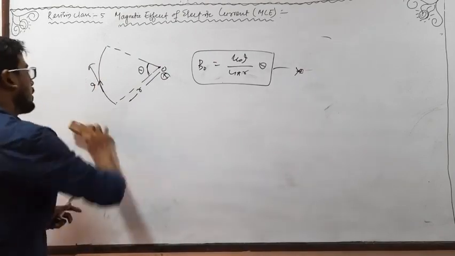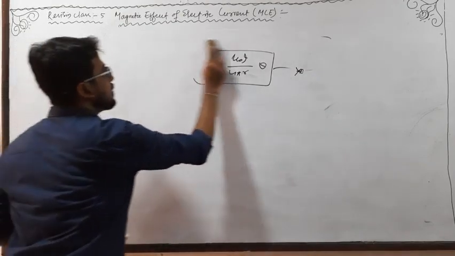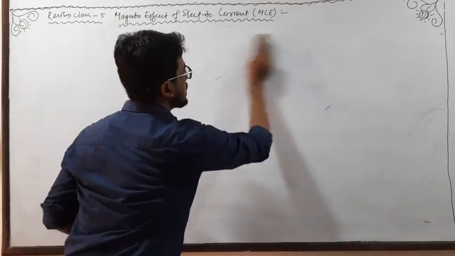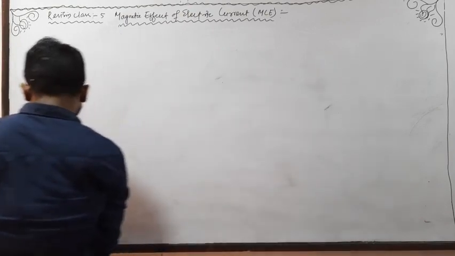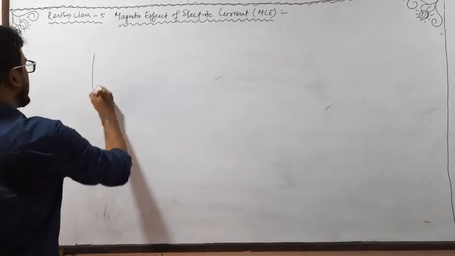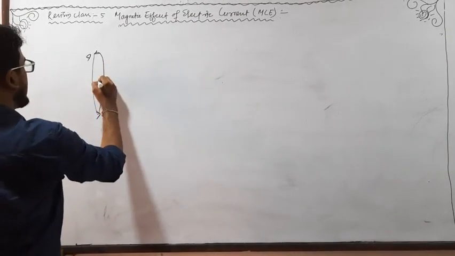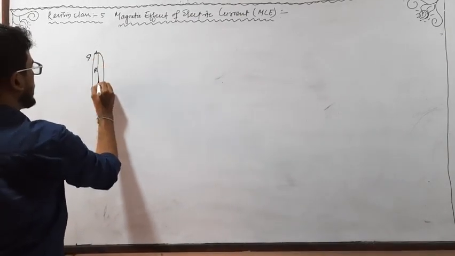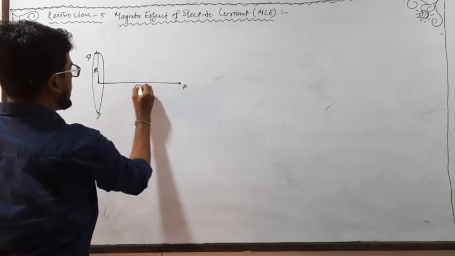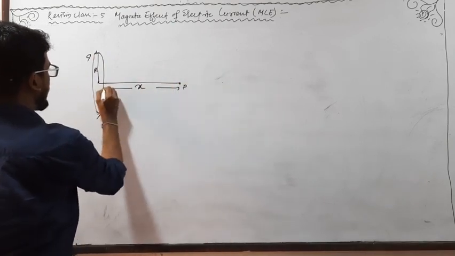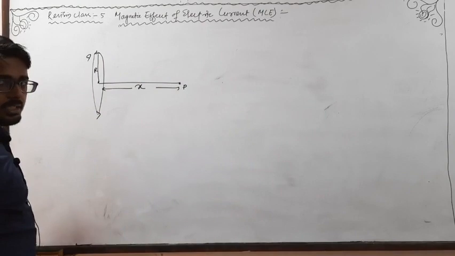Okay. Next, what is the magnetic field strength due to a current carrying circular coil at the axis? If this is a current carrying coil which carries current I and this is the radius r, and here is a point of observation P at a distance x from its center. So what is the magnetic field strength at this point?